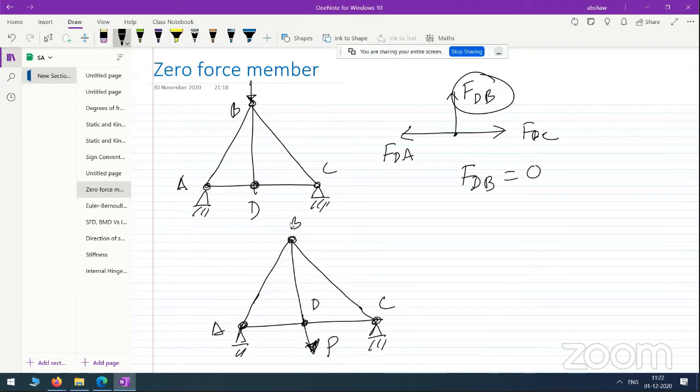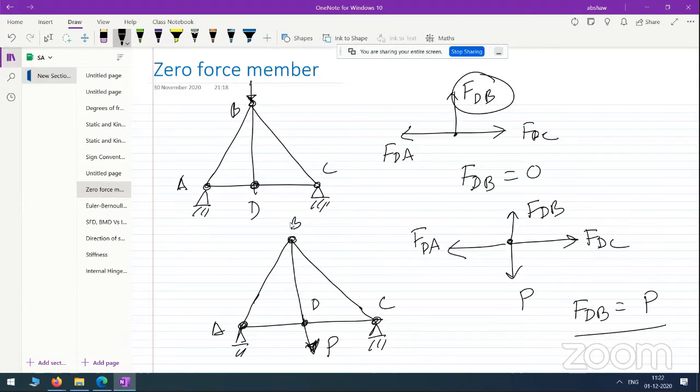If you draw the free body diagram of joint D, this is F_DC, and this is F_DA, and this is P, and this is F_DB. So in this case, F_DB will not be zero, F_DB is equal to P. So in this case, F_DB is not a zero force member.